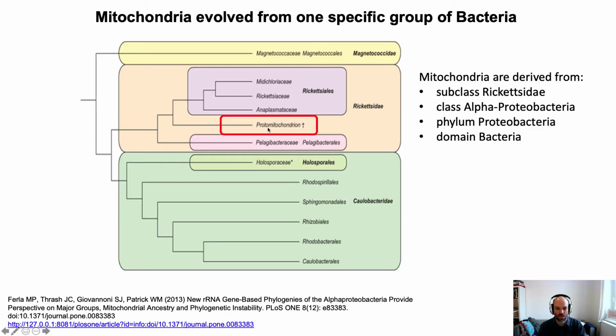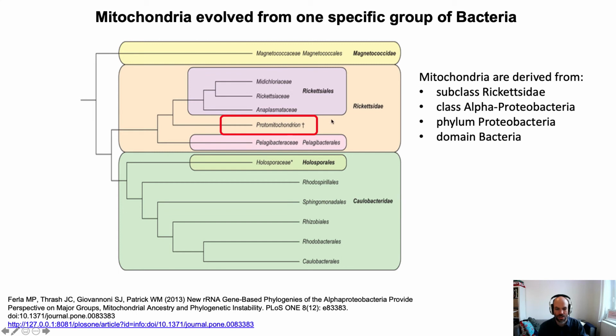So here I want to prove to you my earlier claim that the mitochondria are bacteria. Here is a phylogenetic tree of one specific group of bacteria, specifically class Alphaproteobacteria, which is within phylum Proteobacteria, and the subclass within Alphaproteobacteria, Rickettsia, which is being shown here. And within the subclass Rickettsia, there are a few different groups, right?